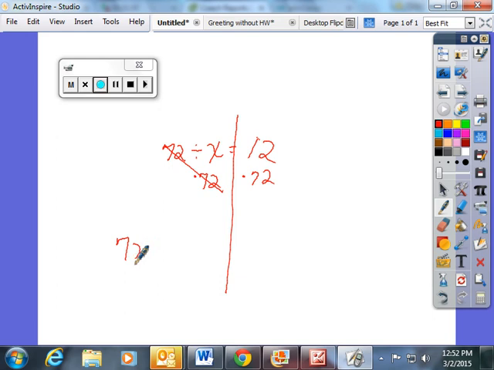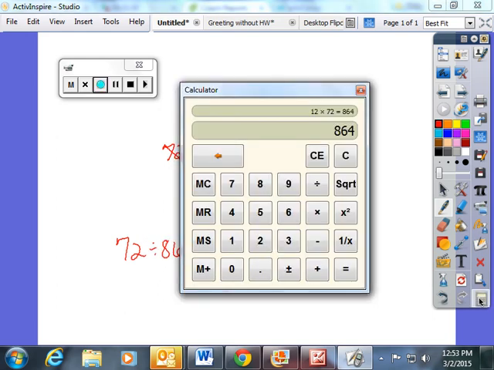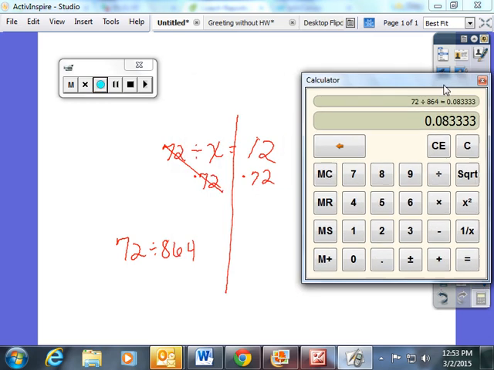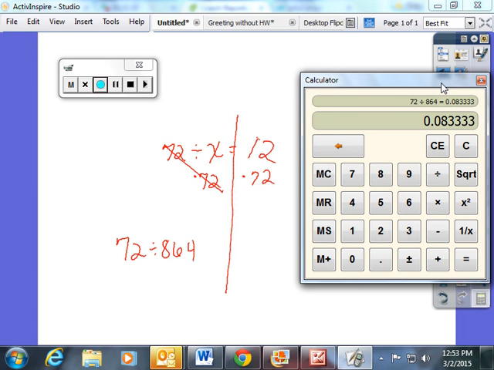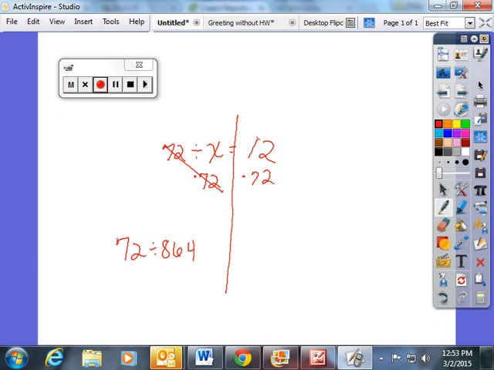Well, if I check that, 72 divided by 864 does not equal 12, okay? So when the number comes first, or when the dividend is the known, you cannot undo division with multiplication.